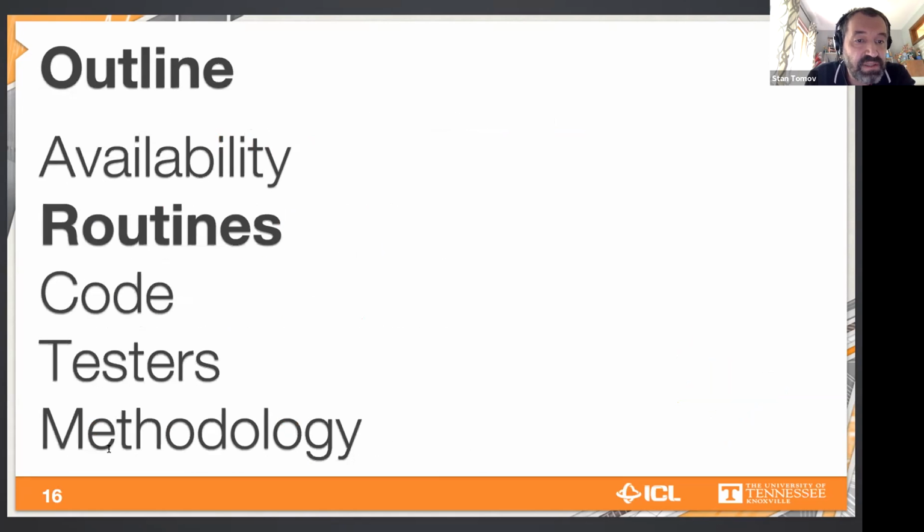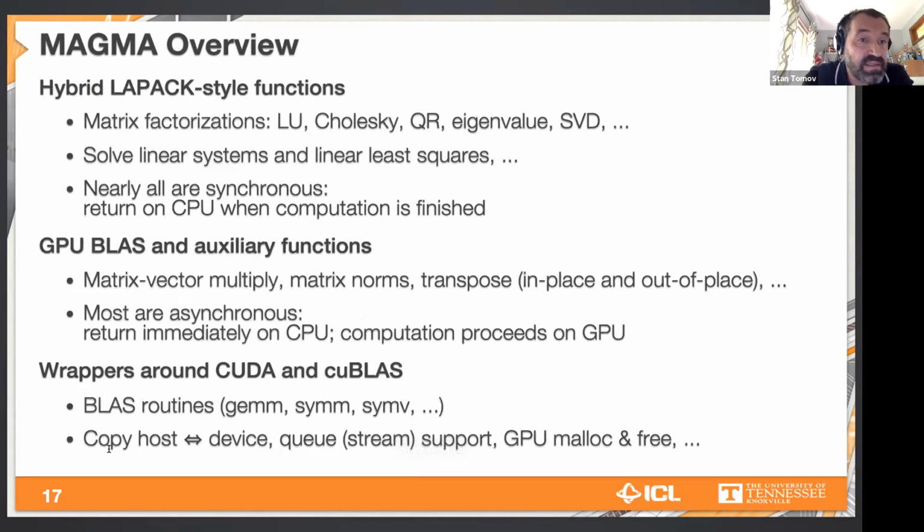Moving to routines, so these are the standard routines in LAPACK plus BLAS routines, and most are hybrid LAPACK style functions. For the BLAS, we have most of the BLAS covered and auxiliary functions.